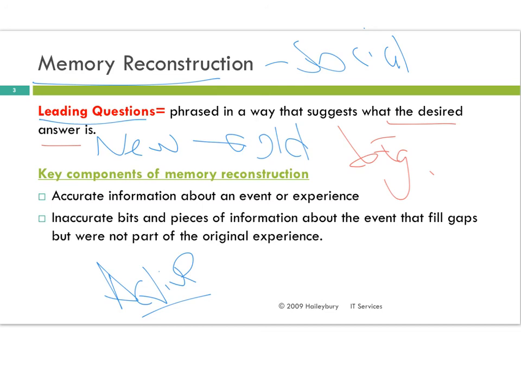So essentially, prior to this new information, the leading question, the information was accurate, which may or may not actually be true, but let's go with it. Then new inaccurate bits of information about the event fill in the gaps of the original memory.